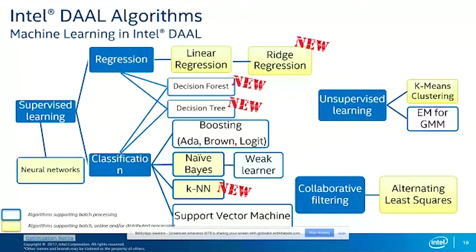So it offers several basic classical machine learning algorithms in this library. It also provides some high-level neural network interfaces. So if you just want to develop simple neural network applications, you can call these APIs to implement simple neural networks.